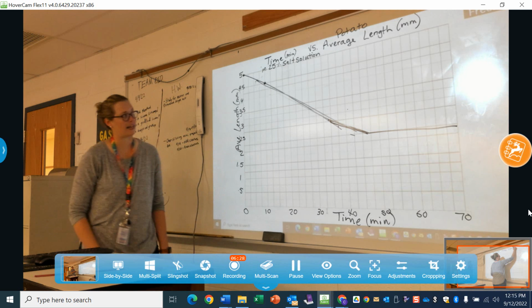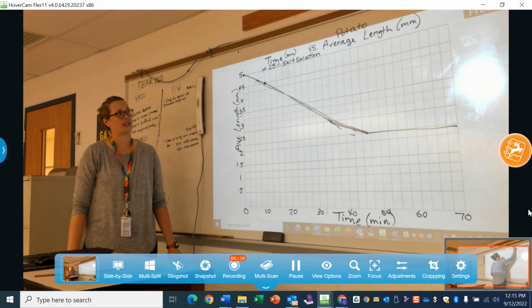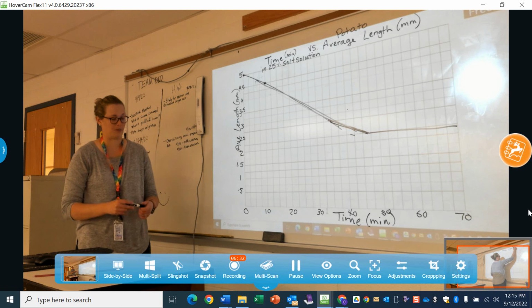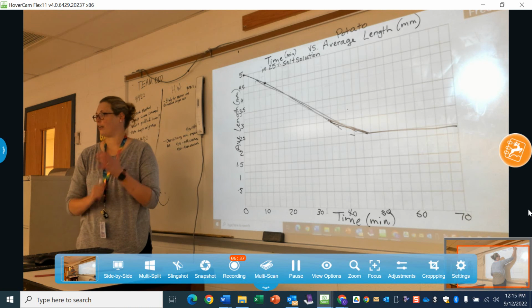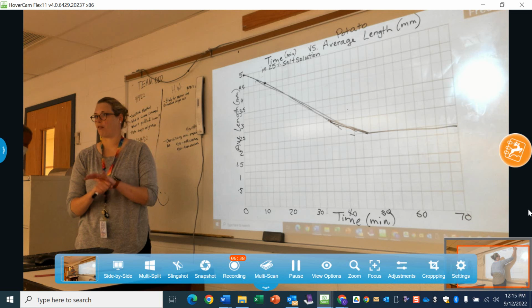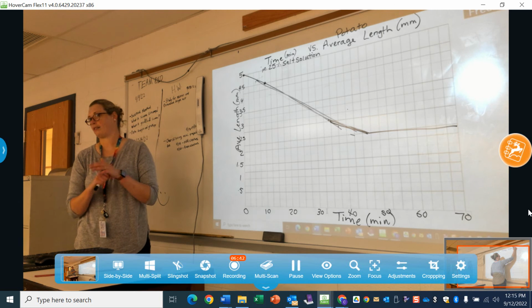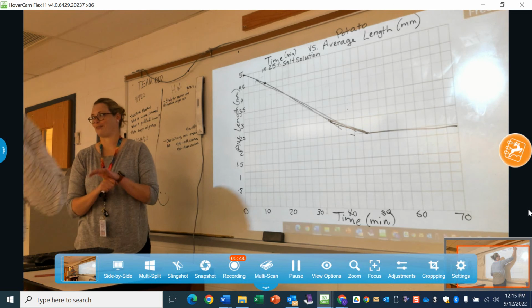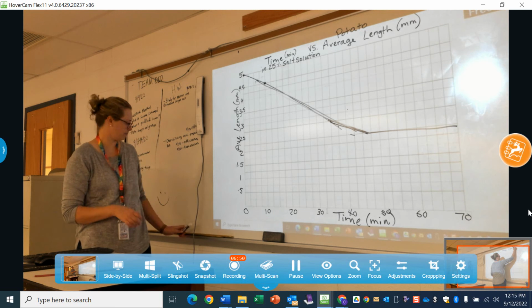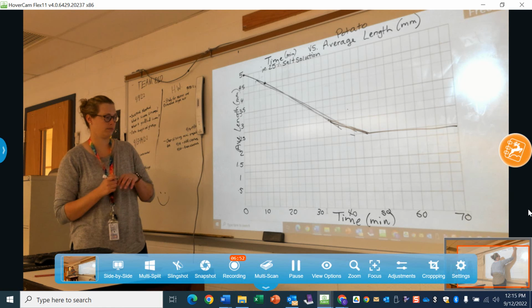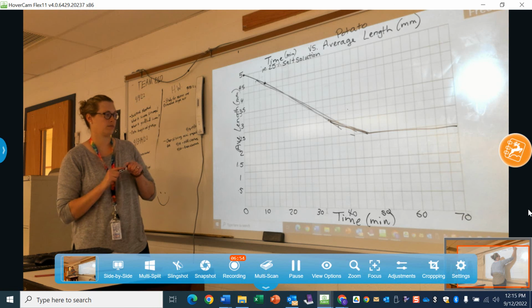It won't be exact. So what can I actually tell? What should my conclusion be looking at the data? Take your time if you're graphing it now. But those of you who did it right, what can I tell from this? My conclusion is that the longer the potato cube stayed in the solution, the shorter its average length was.